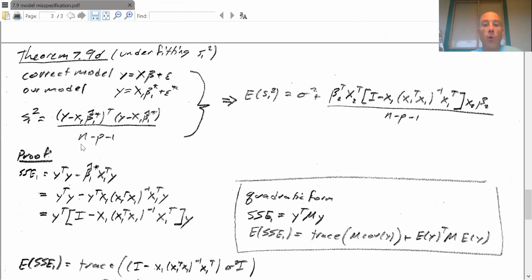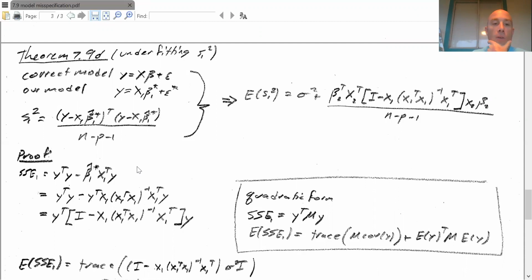What our expected value is going to be is what we want our expected value to be, plus this bias term over here. Now, this bias term looks a lot like something from the hat matrix discussion, but it's on the x1s, and I've got this x2 beta 2 on each side of it.